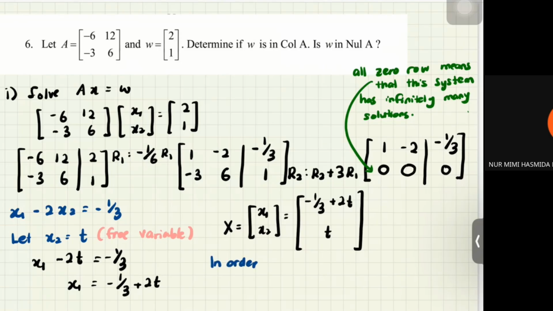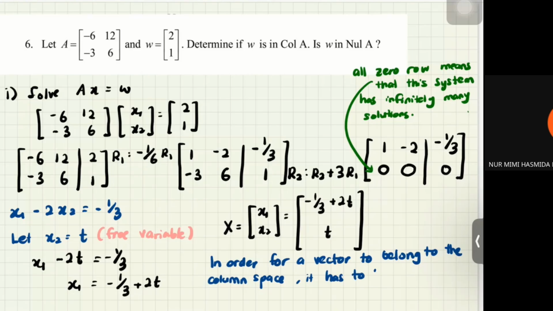In order for a vector to belong to the column space, it has to be a linear combination of the column vectors of the matrix.